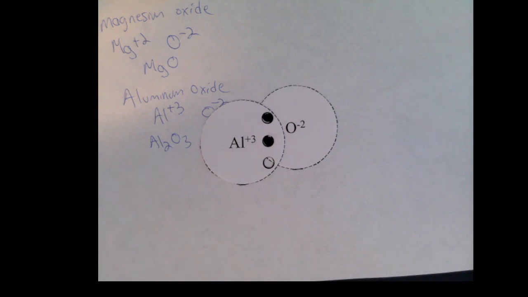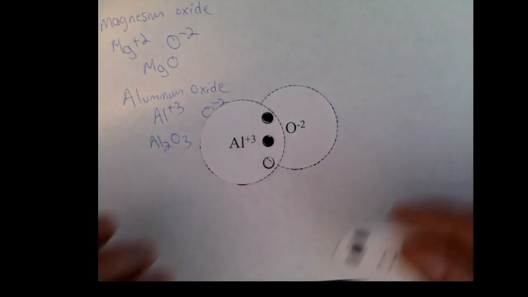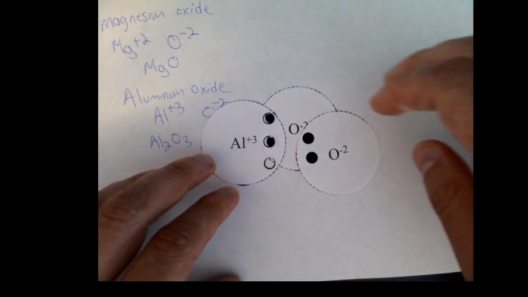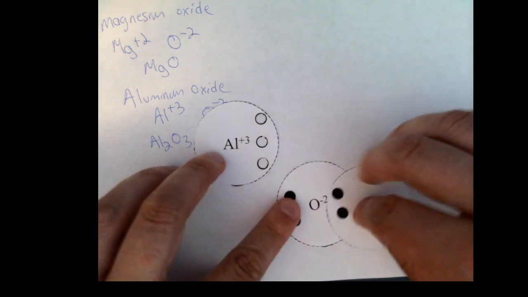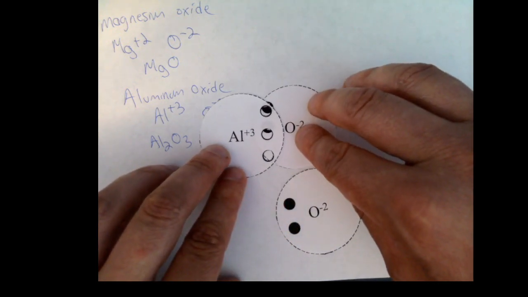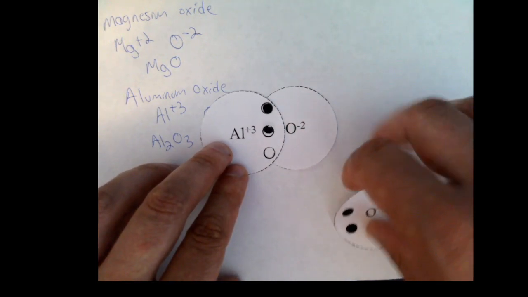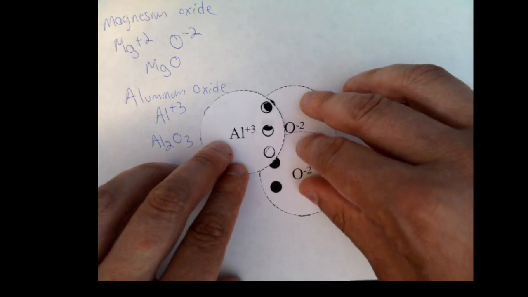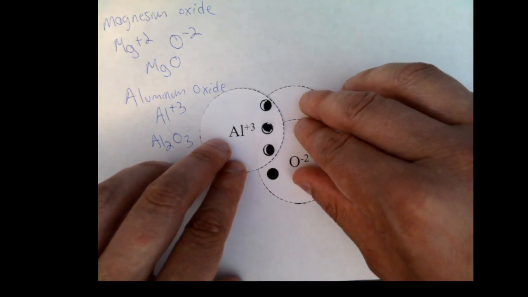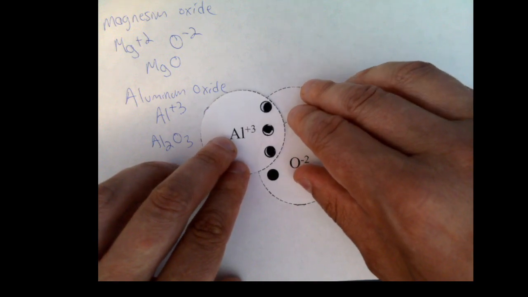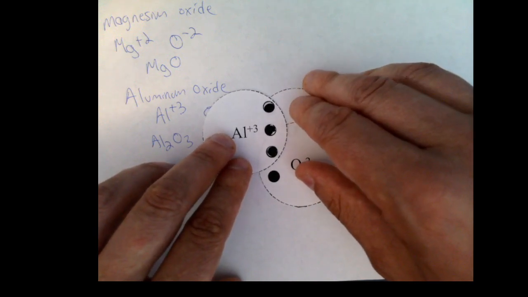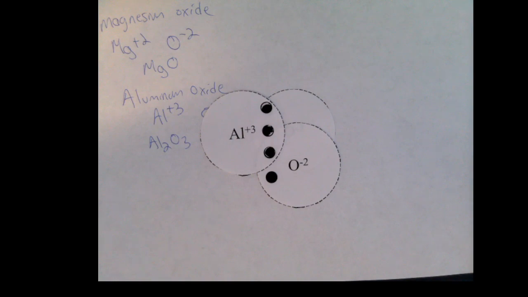So they can then try and add an extra oxygen. And if they try and add an extra oxygen, what's going to happen? Well, now you have all of the holes filled in, but you don't have all of the dots filling in a hole.